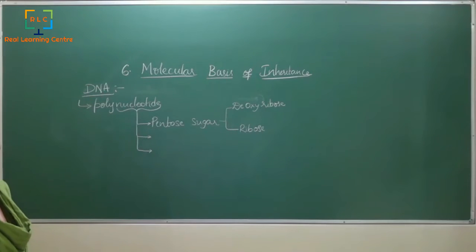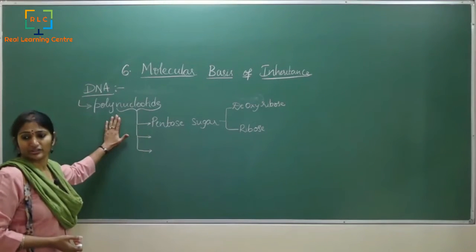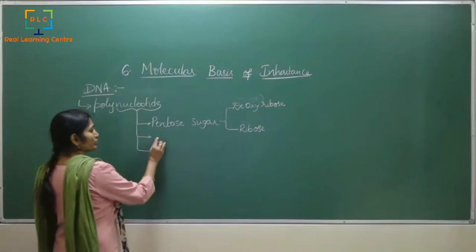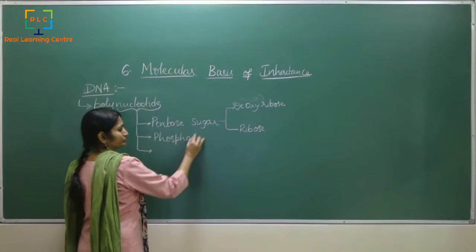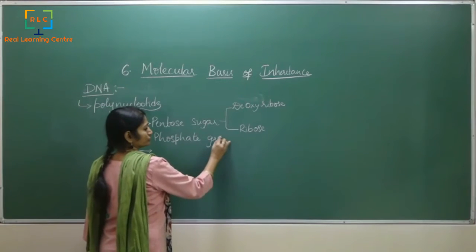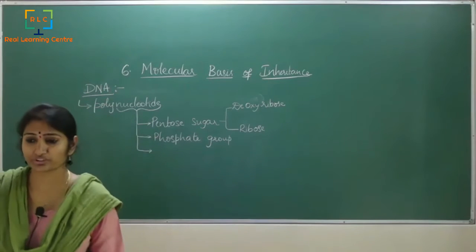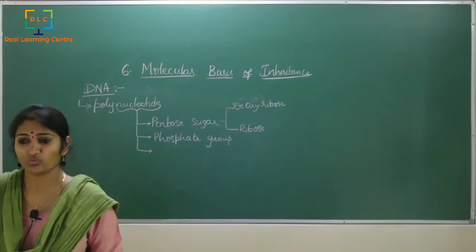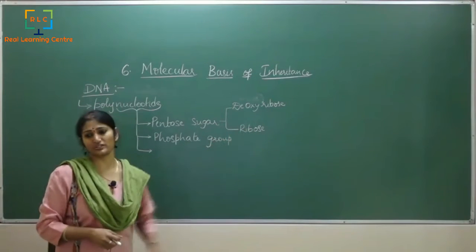Then the second important thing present in a nucleotide is the phosphate group. What is a phosphate group? It is like a link. What does it do? It keeps all the sugar molecules attached to one another.